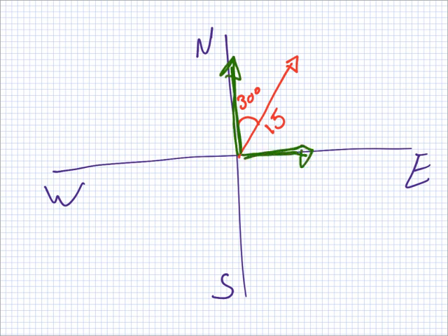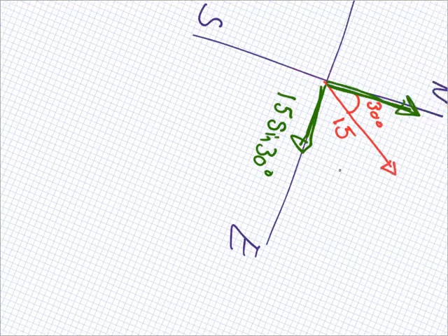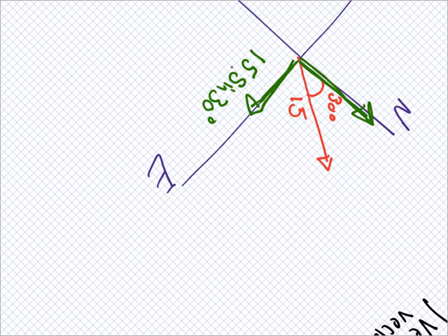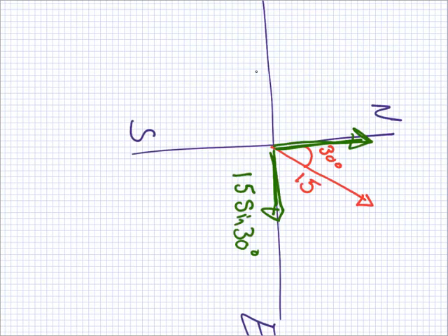Now, is this side here cos or sine? Sine. Very good. It's 15 sine 30 degrees. And the other one, this one, is 15 cos 30 degrees.